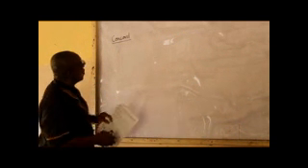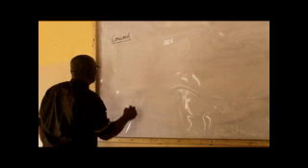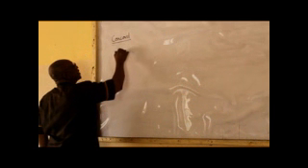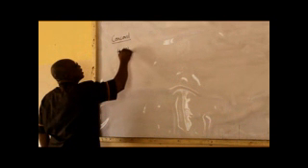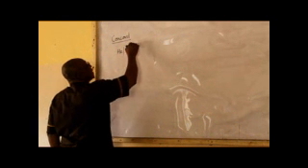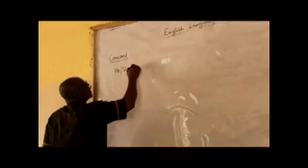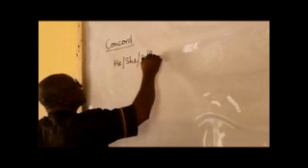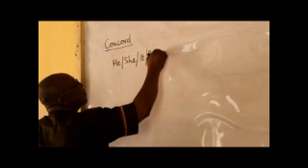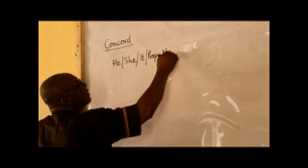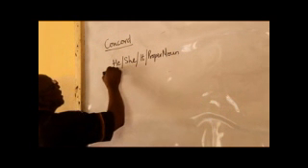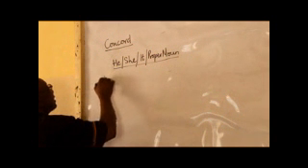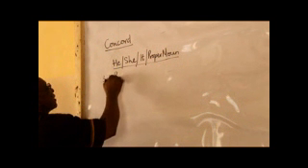And we went on to notice that the third person singular is he, she, it, or any proper noun. So this is the third person singular. We call it the third person singular.